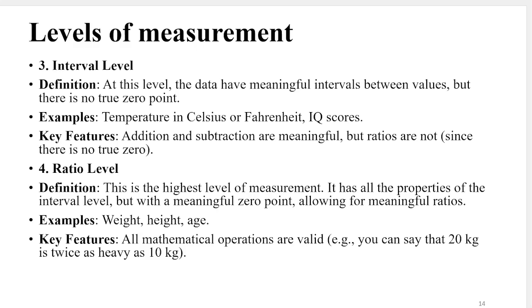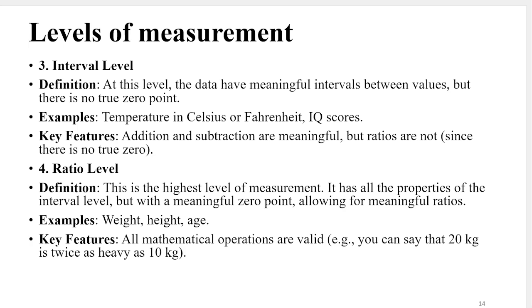At this level, all mathematical operations are possible: addition, subtraction, multiplication, and division. So we can say meaningful statements like 60 kilograms is twice as heavy as 30 kilograms, or 10 patients is half of 20 patients.